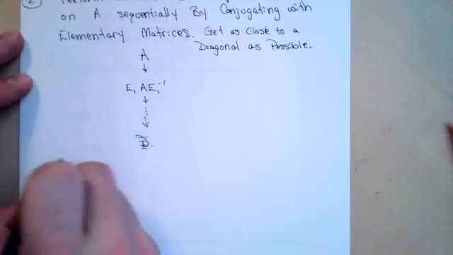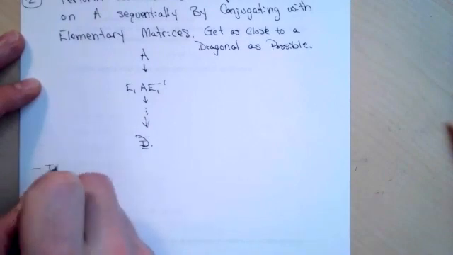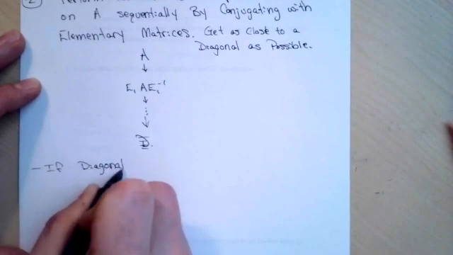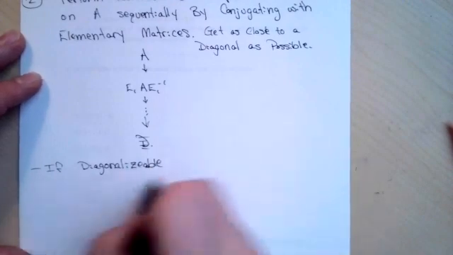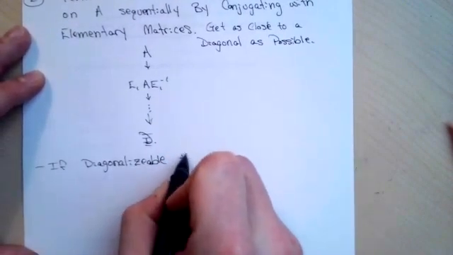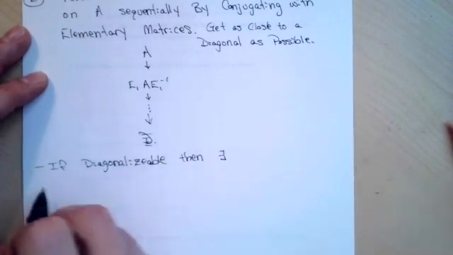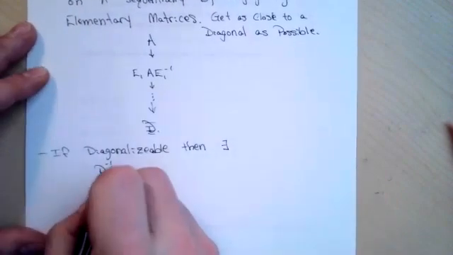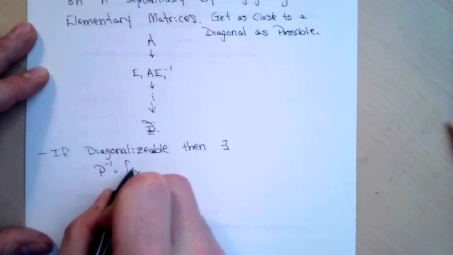So the other things we kind of want is, if diagonalizable, then there exists a matrix P. In our previous notation, we actually had this P inverse of, we'll call it X1.